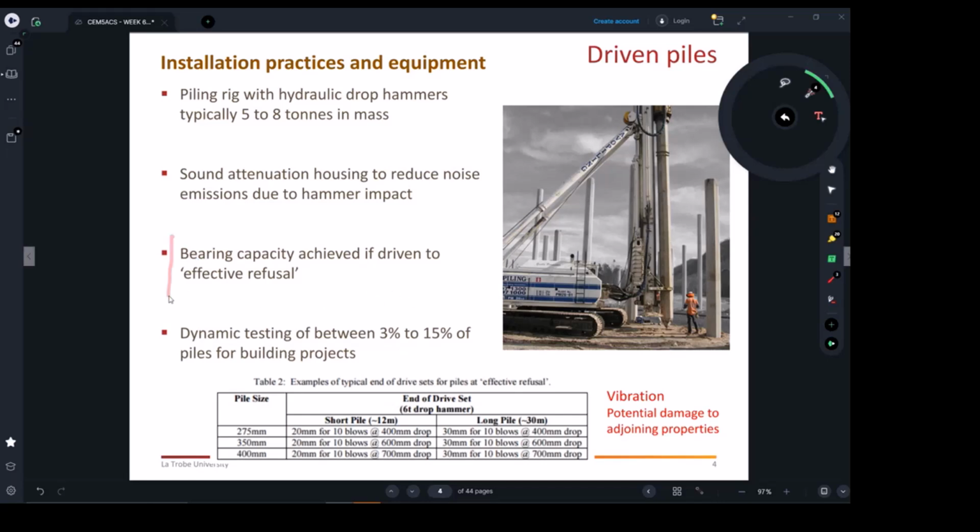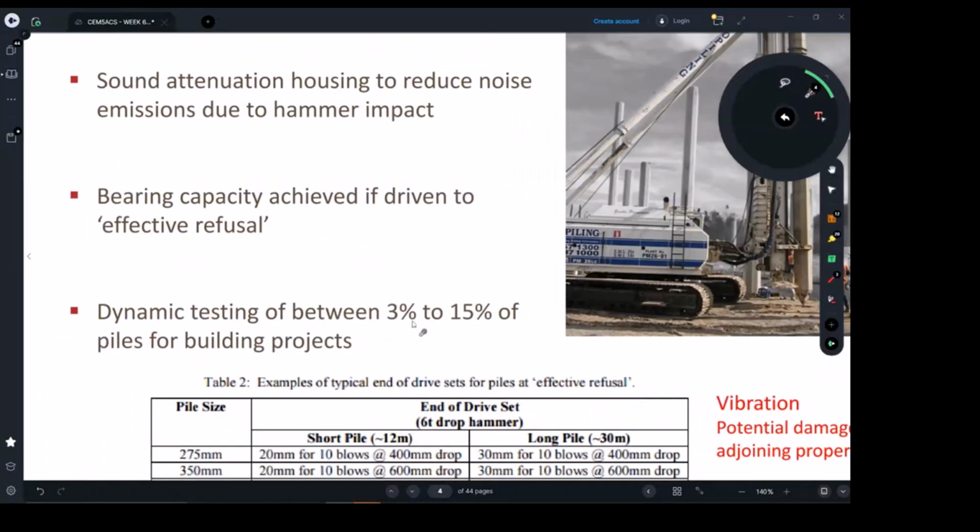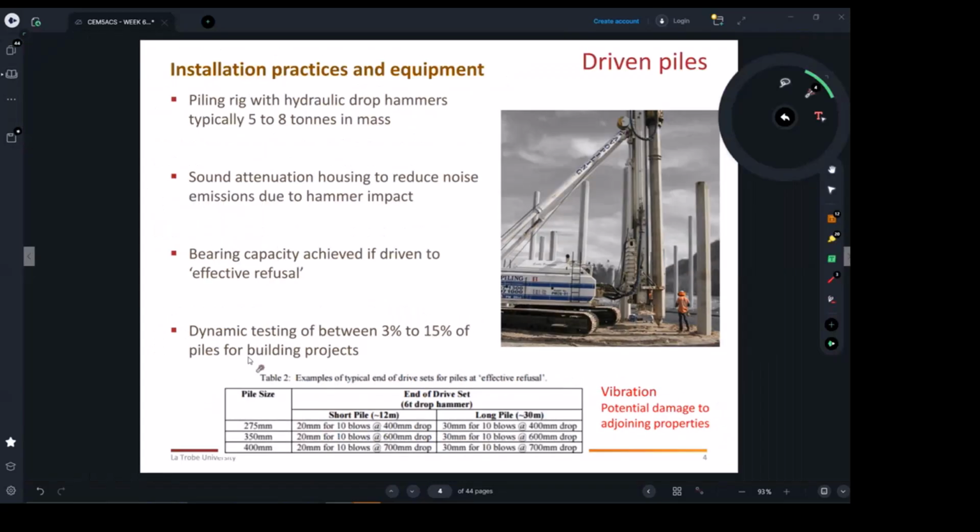But basically, you will stop as per this table. I'll talk to you about this table, which gives guidance for the contractors about when to stop the piling, the driving process. There should be dynamic testing between 3 to 50% of the piles. Now, as per regulations, if you have 200 piles on a construction road, there's going to be an agreement.